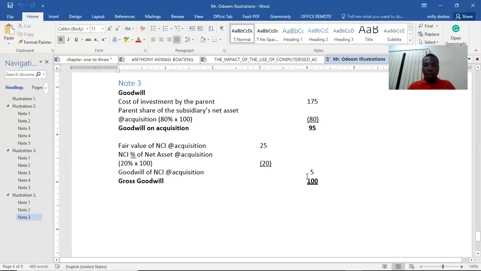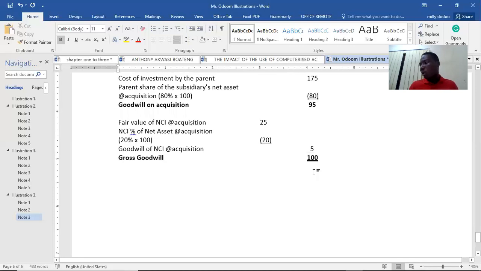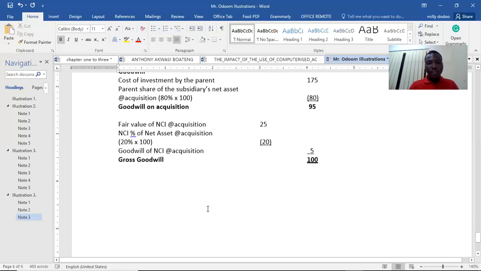So we can confidently say that the gross goodwill is 100. This one is called a gross goodwill. So the 95 plus the 5 gives you a gross goodwill of 100. I think this is the third illustration that you do.